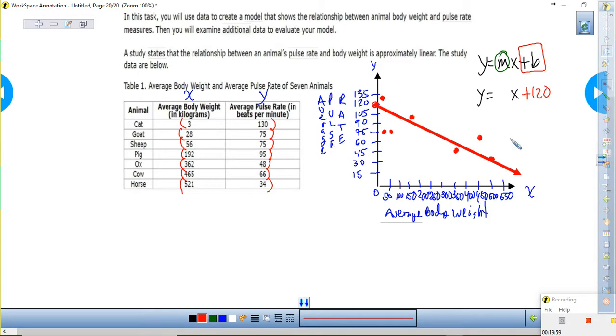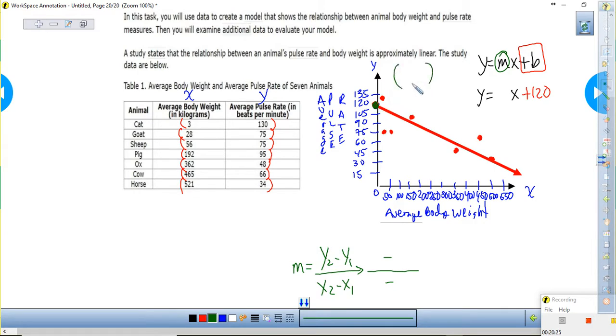What are we missing? The slope. But don't we have a formula to find the slope? Yes, y sub 2 minus y sub 1 over x sub 2 minus x sub 1. What does that mean? That I need how many points? 2 points. Do we have 2 points on this line? Yeah, what is my first one? The y-intercept.